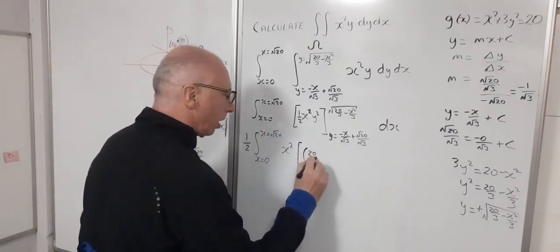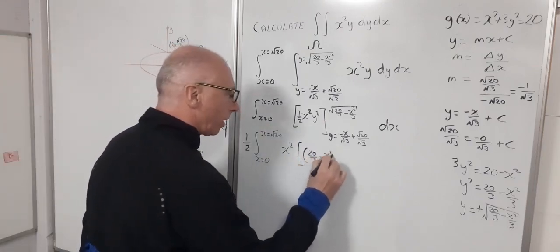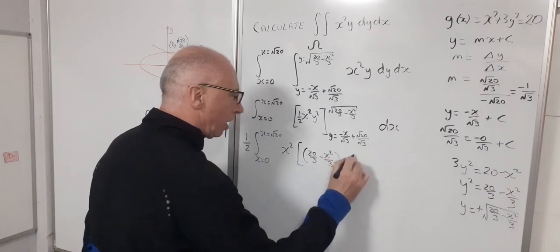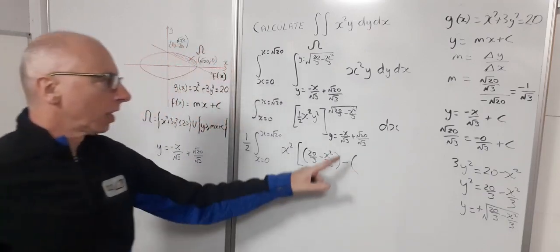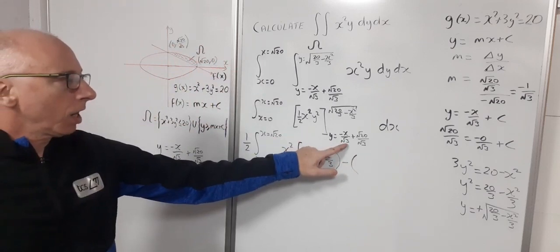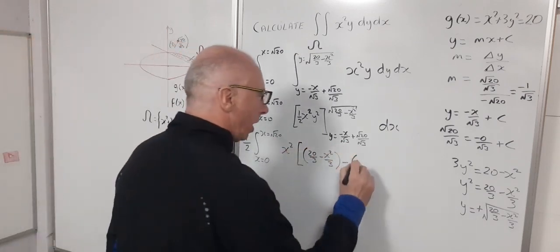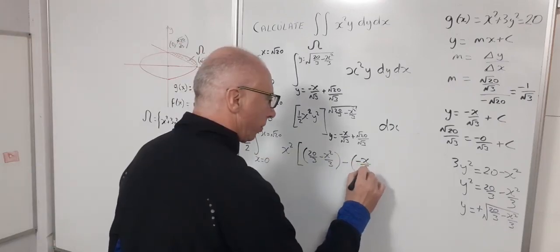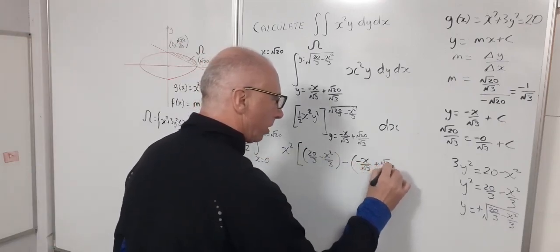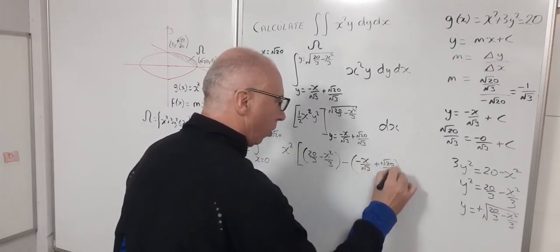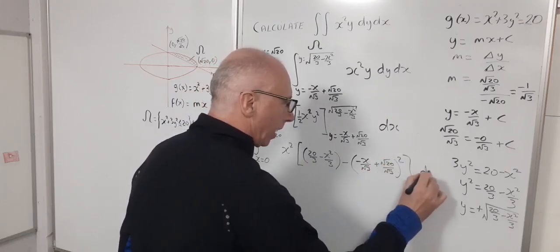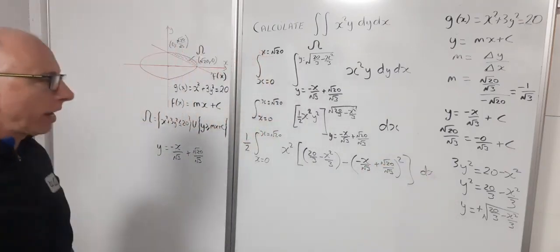So 20 over 3 minus x squared over 3. And then let's subtract this one, which is y squared. So we can't just square each individual term, we've got to square the whole thing. So we've got minus x over root 3 plus root 20 over root 3, all squared, and then our dx. So that's our setup there.